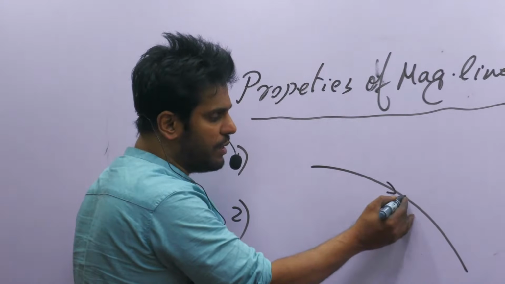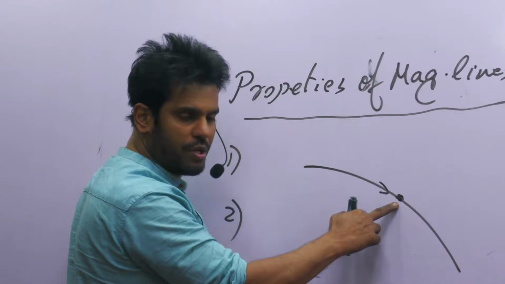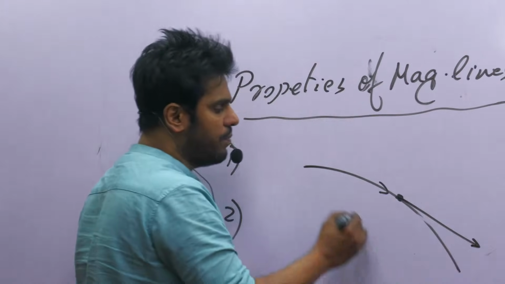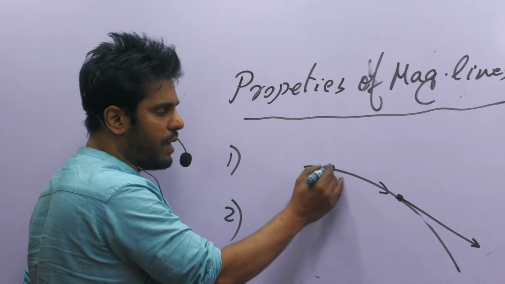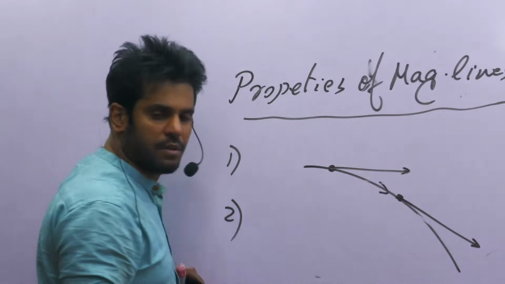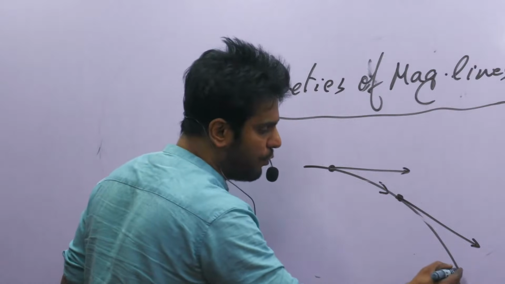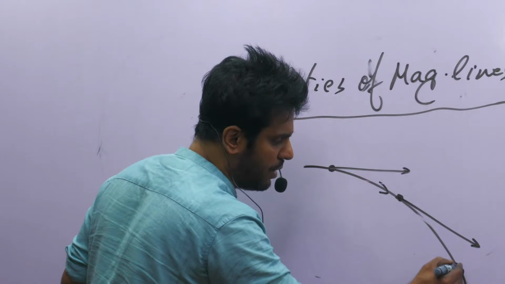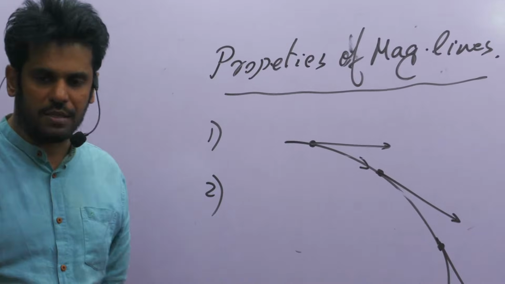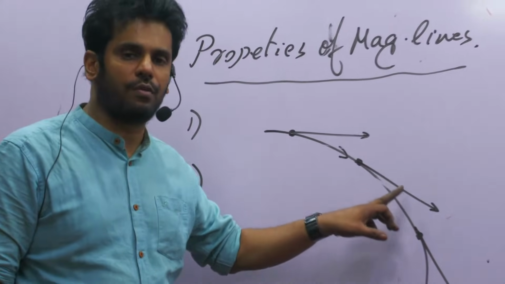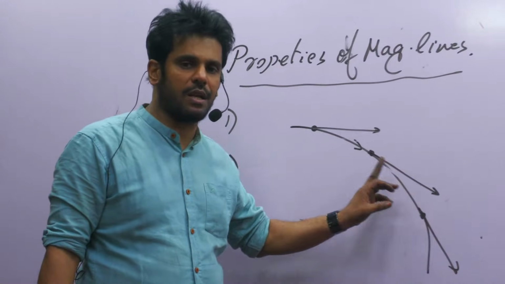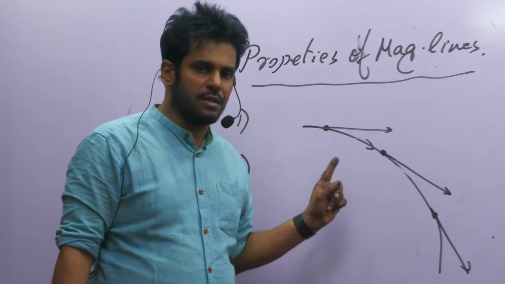If you want to find the direction of the magnetic field here, draw the tangent at the necessary point. So always the direction of the magnetic field is given by the direction of the tangent at the necessary point. That is the second property.